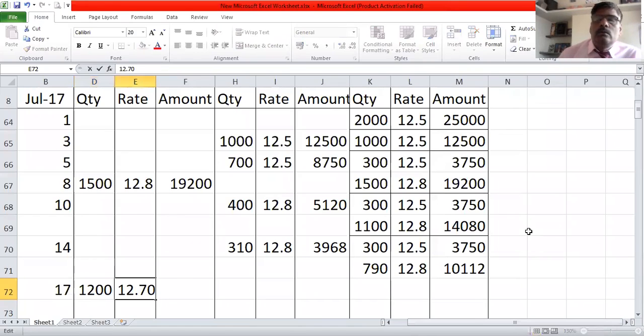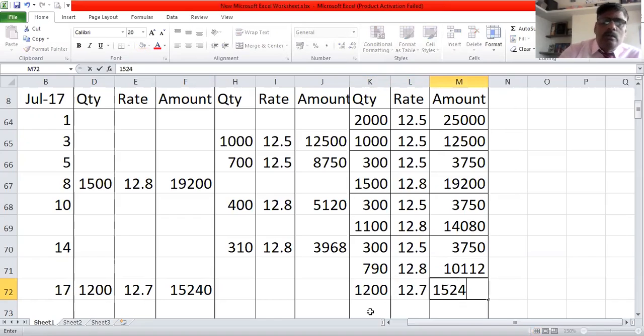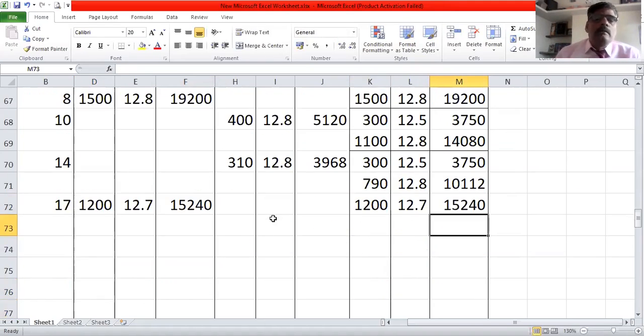Multiply these two: 1200 into 12.70 is equal to 15,240. Take 15,240 to the balance column: 1,200 at the rate of 12.70 is equal to 15,240. The 17th is completed.